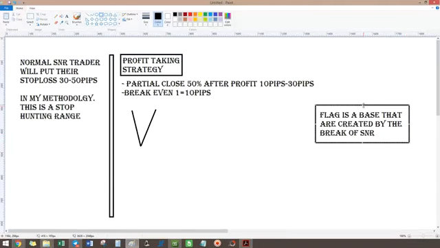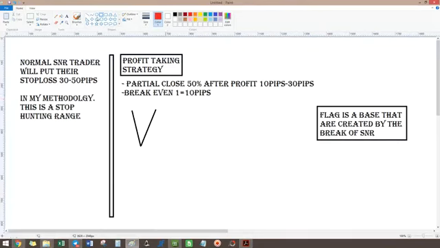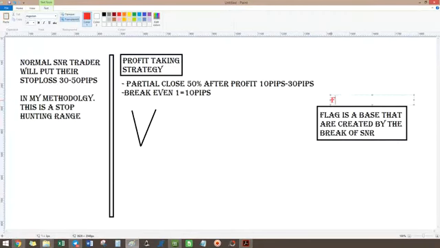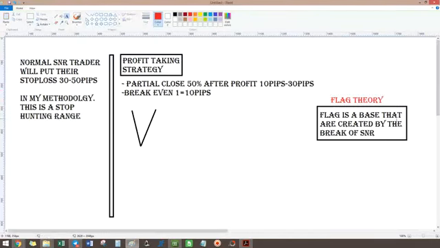Please note down this flag theory. Quite important, not quite, very important. Flag definition: flag is a base that is created by the break of SNR.